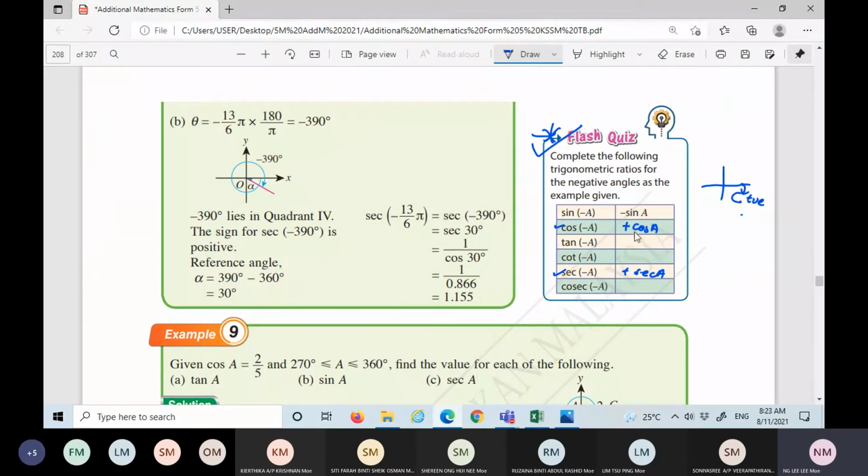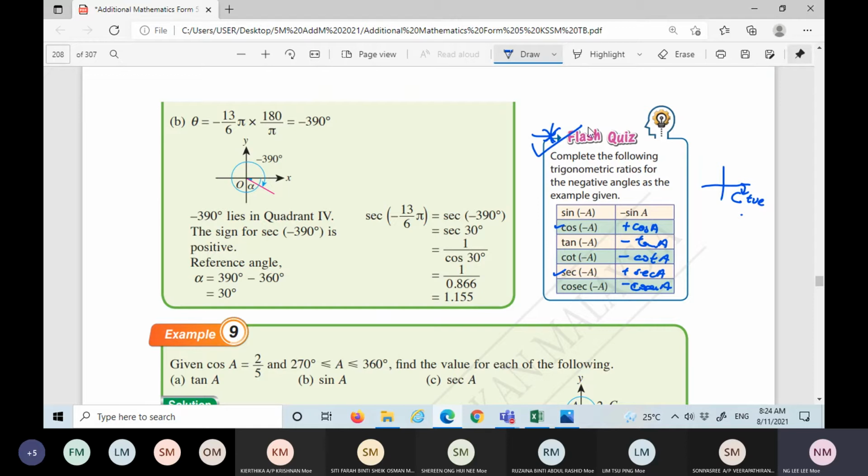This is how I remember it, though I didn't test this. The rest are all negative: tangent negative A, cotangent negative A, cosecant negative A. This is one more thing you have to remember so that you can use it while doing trigo.